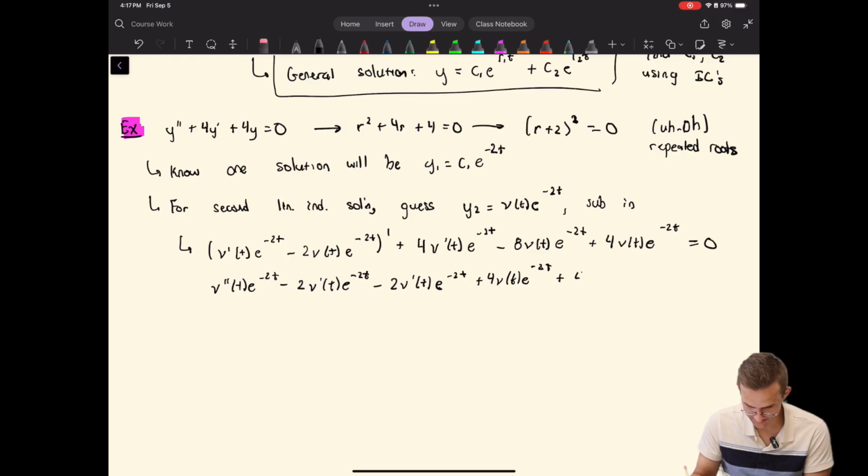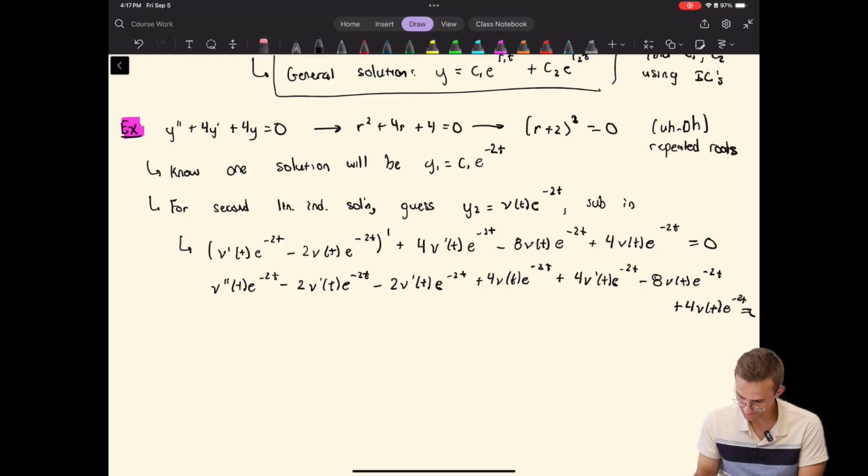We're going to end up with everything having an e to the minus 2t in it, so we can cancel that out, since we can divide the whole thing by it because it's all equal to 0, of course.